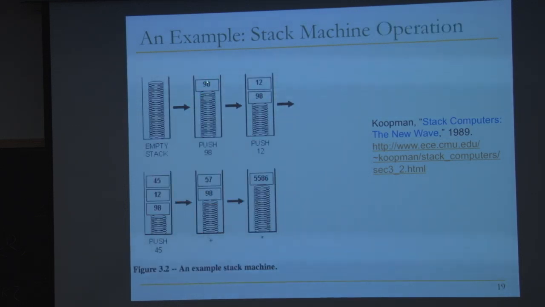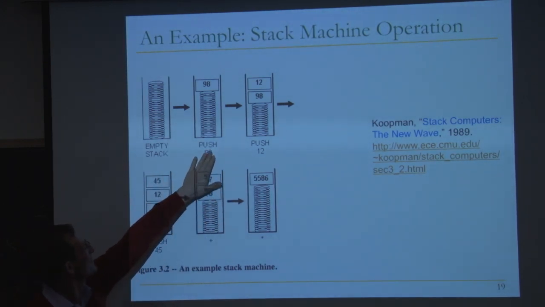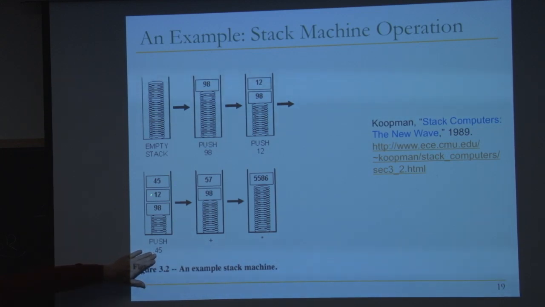You load the top of stack with 98. Then you do a push 12, which loads from memory to the top of the stack. These could be addresses, actually. You could make it more expressive. This is just an example. And then you push 45. This is what you get. These are the three values, and this is the top of stack.